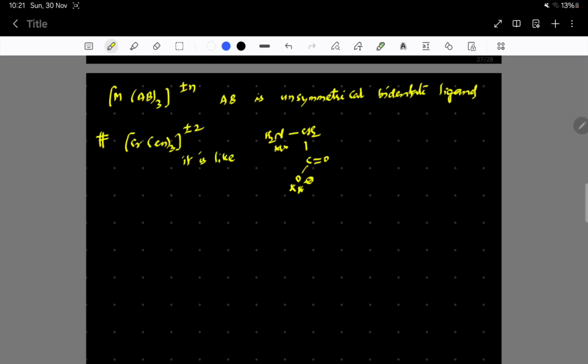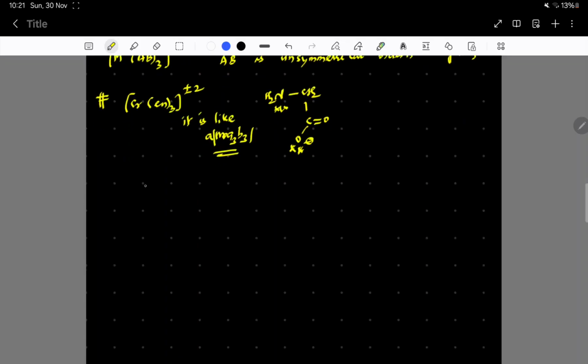Now we will write the possible combinations here. So this is chromium. Now this is A, B, A, B, A, B. Now this is one combination, this is another combination, and this is one more combination.